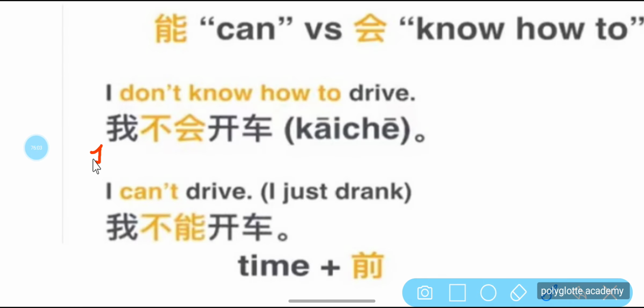So the first character here is wo, which is I. And then we have pu, which is not. We are going to explain that, let's just leave that for now. And hui.